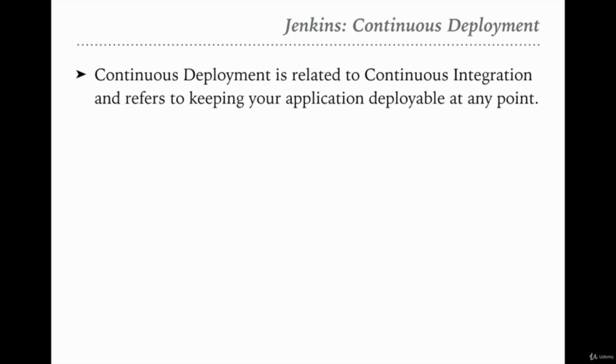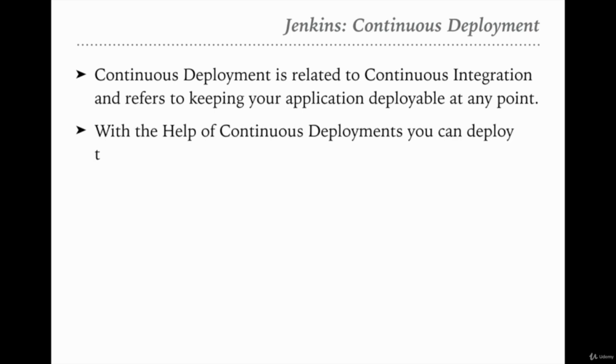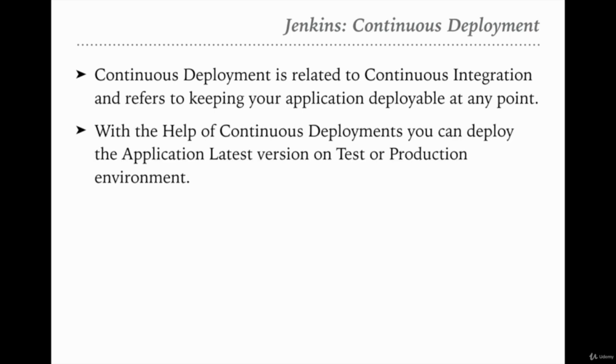So with continuous integration, we are building our project more frequently, and with continuous deployment, we are deploying our fully qualified build on the QA environments or on production. With continuous deployment, you can deploy the latest version of the application on test and production environments, right?